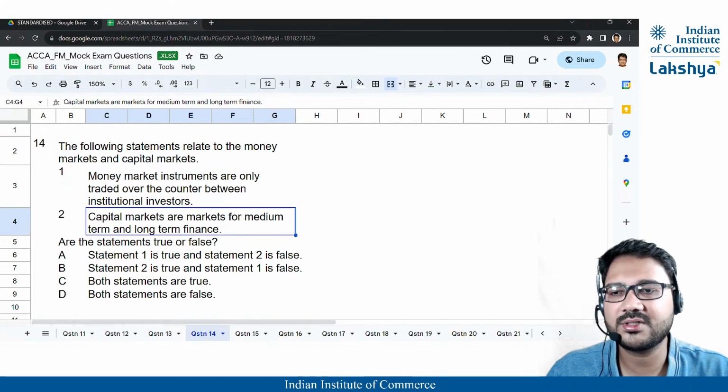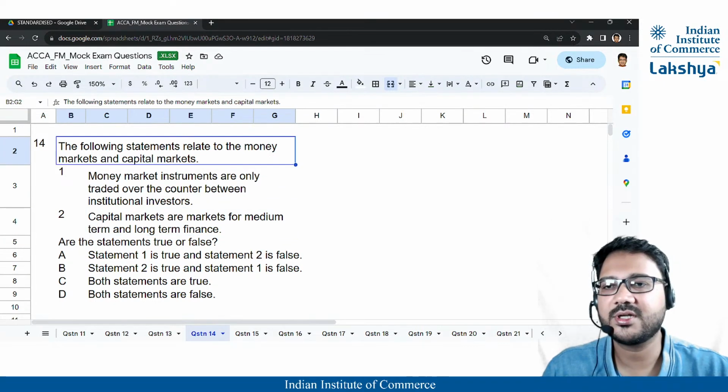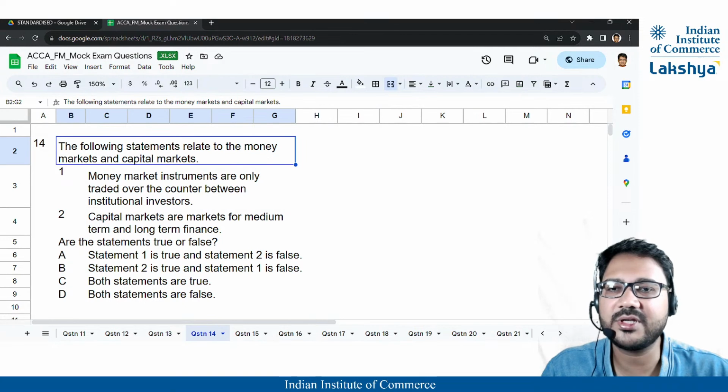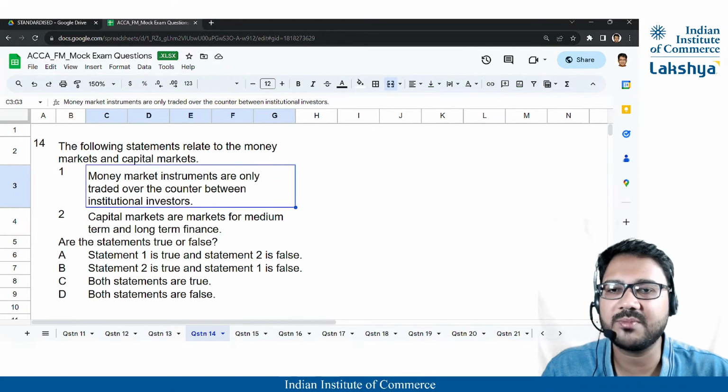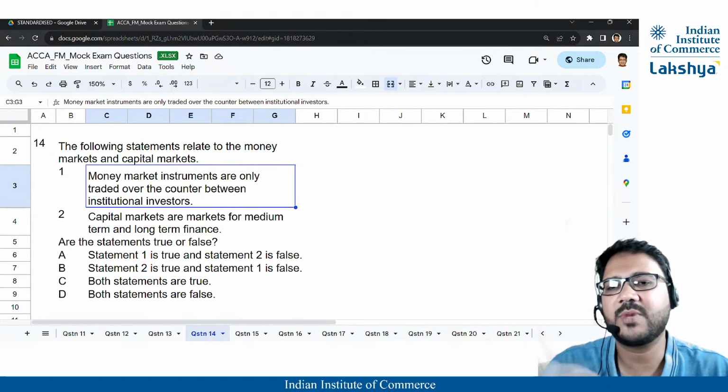So statement one is true. Wait a minute, I'll just reread it. I'm a little confused over here. The following statement relate to the money market and capital market. Money market instruments are only OTC contracts between institutional investors, which is true. Sorry, which is false. Money market instruments are not only traded over the counter.